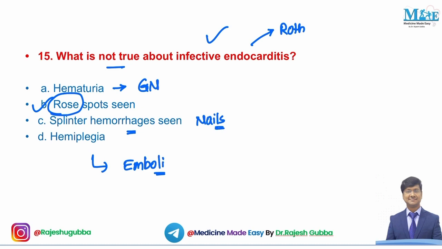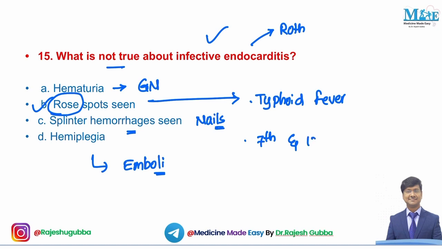And where do you see rose spots? Rose spots are seen in one third of cases of typhoid fever. These rose spots appear as a rash between the 7th and 12th day from the onset of symptoms.